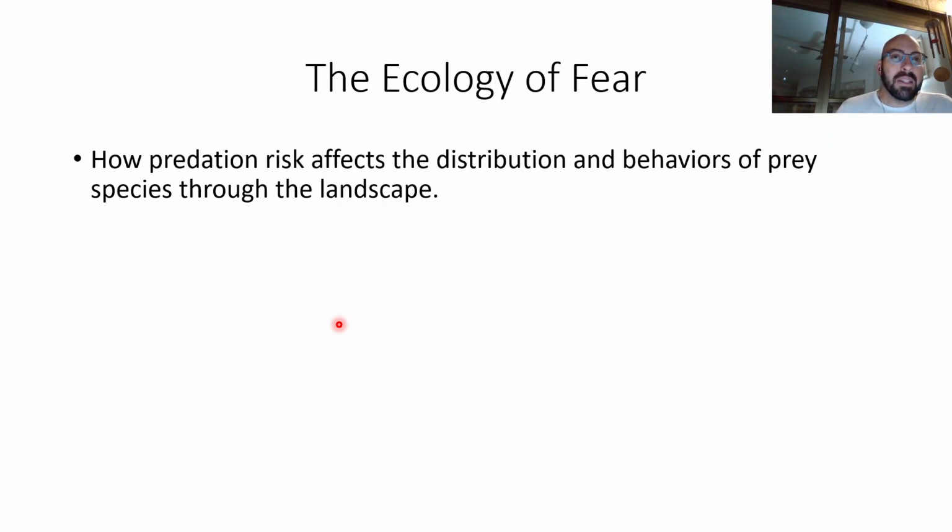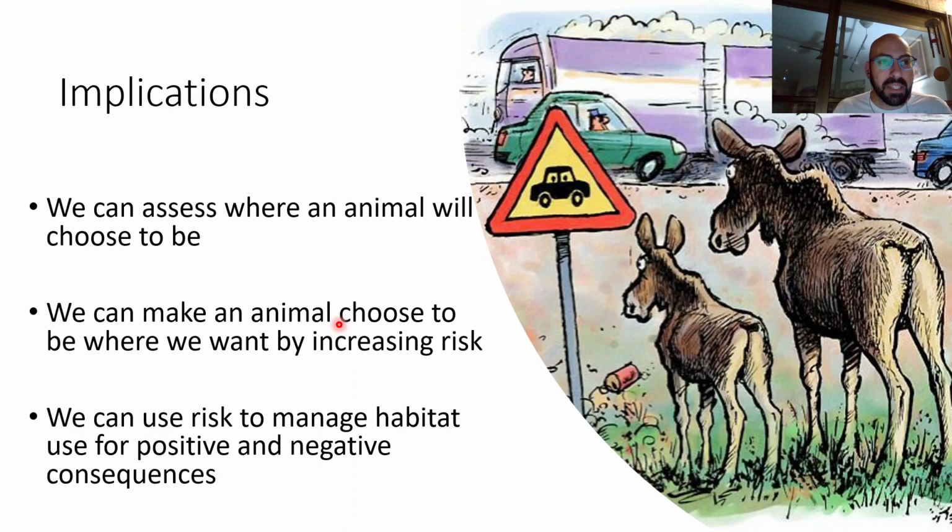So the ecology of fear, or the field of work that I work in, essentially dictates or drives the distribution of animals, especially prey, through a landscape. So let's look at a couple of examples here, why we study this idea or concept in conservation biology, that we can assess where an animal will choose to be based on the risk in the environment that's caused by its predators.